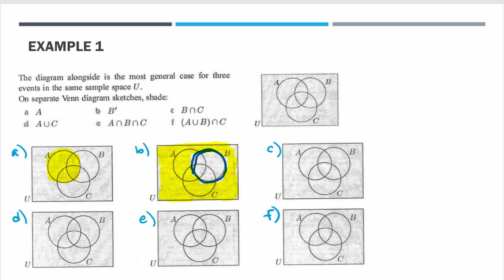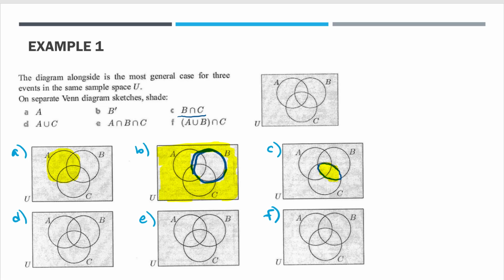For C, we're asked to do B and C, so the intersection of B and C. So I've outlined it, and then I'm going to shade in that intersection. So I'm really just focusing on the B circle and the C circle.